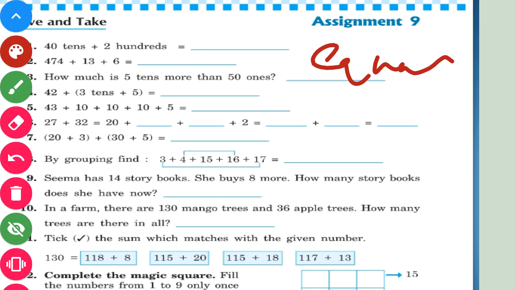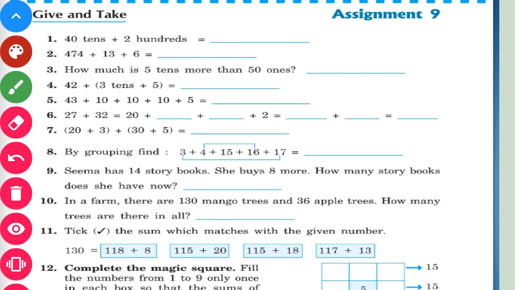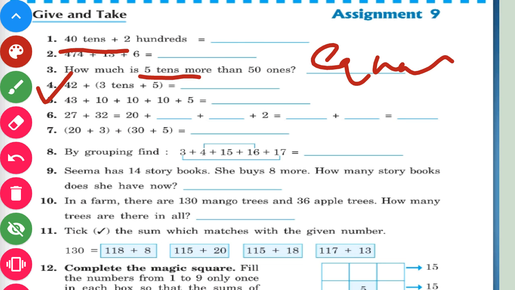Now, moving toward next question. 42 plus 3 tenths plus 5. So we have done enough questions related to place values. Now this question number 4, you will do yourself.